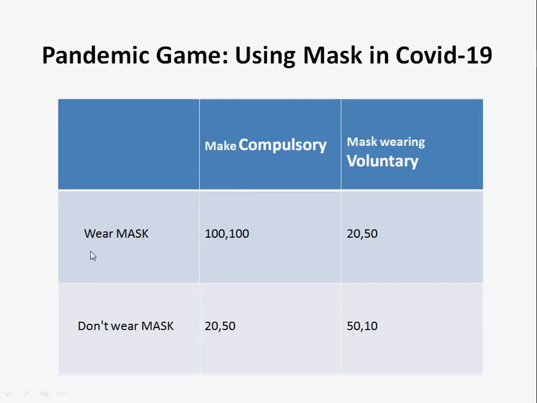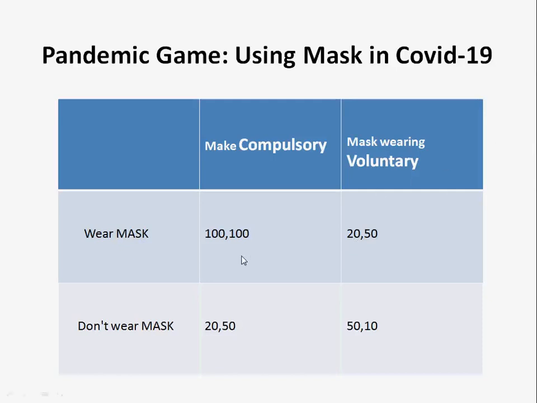But take another case: citizens are wearing a mask, but the government is not making it compulsory. In this case, citizens will get 20 utility, because since it is not compulsory, they are not imposed any fine. If they don't wear a mask, they don't have to pay a fine.